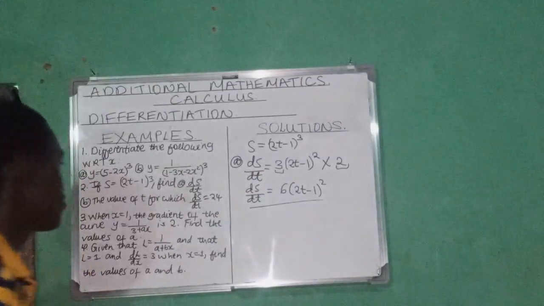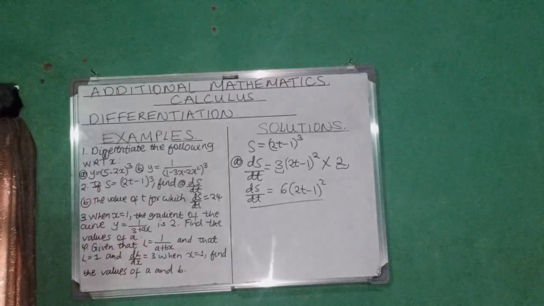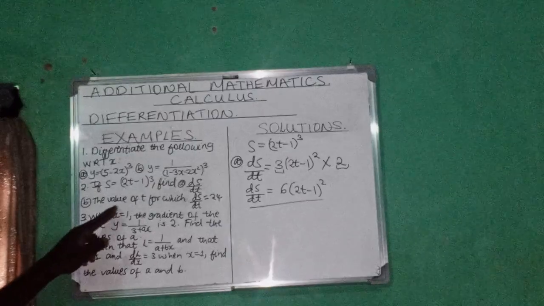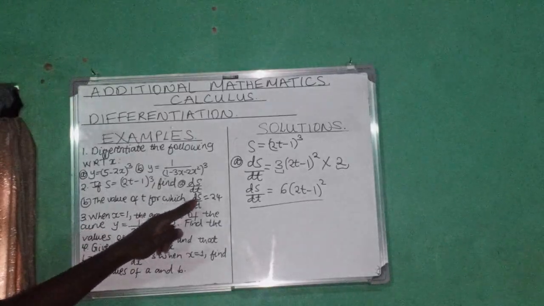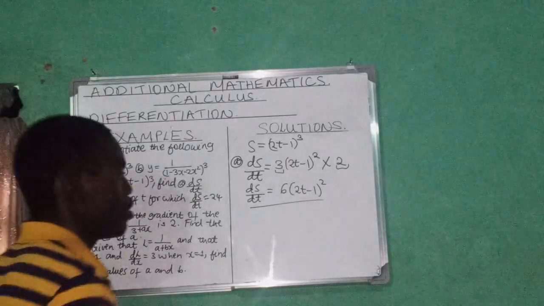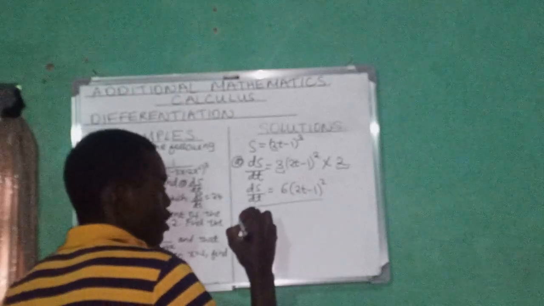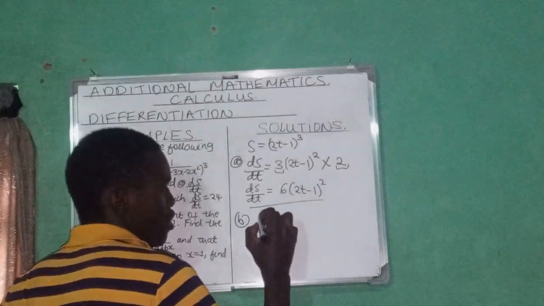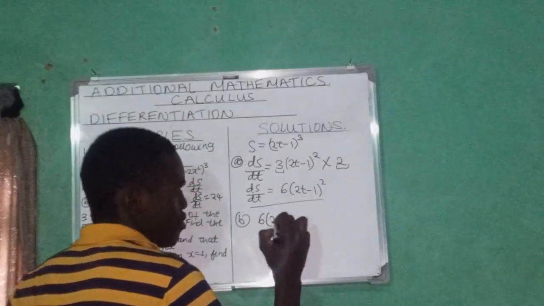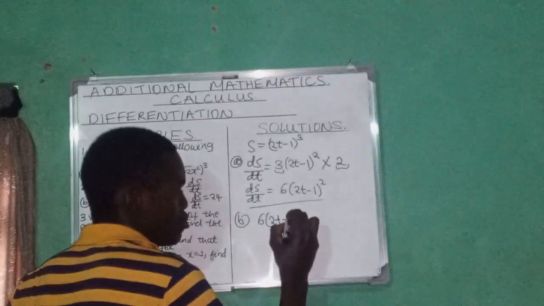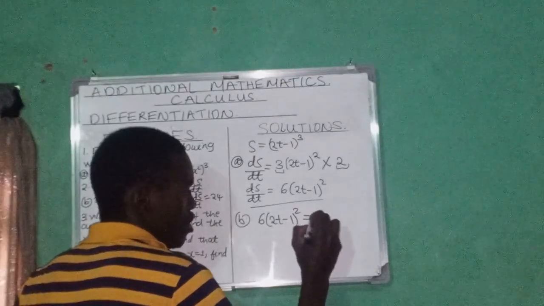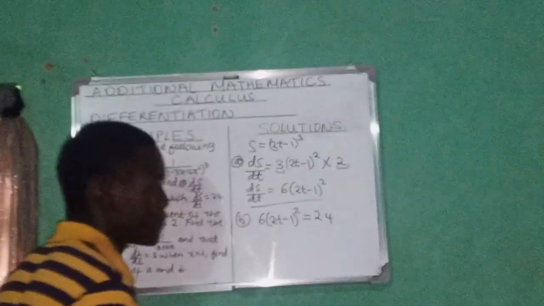And then your b says, find the value of t for which ds/dt is equal to 24. So this is your ds/dt for your b. So 6 multiplied by (2t minus 1) squared is equal to 24.